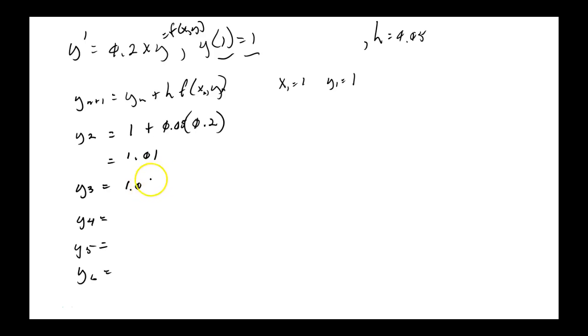Our y sub 3 is going to be 1.01 plus, now this time it's 0.05 times 0.2, so that's 0.01 times 1.05 times 1.01.